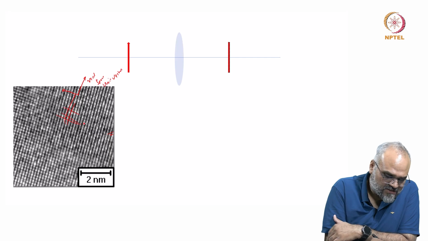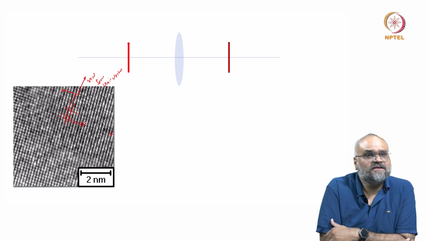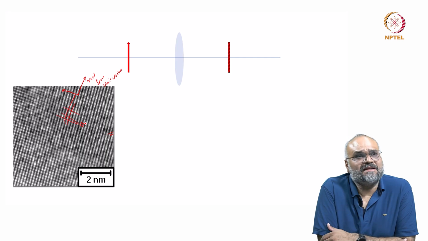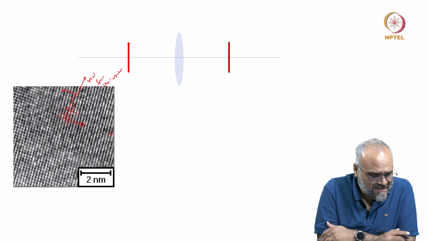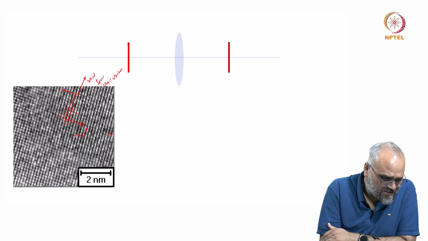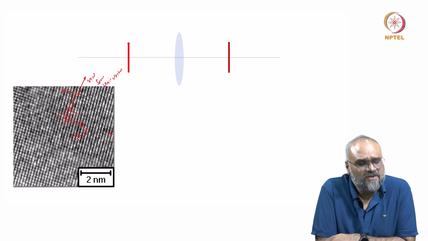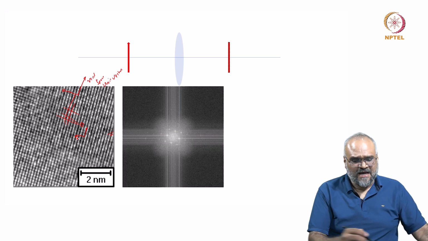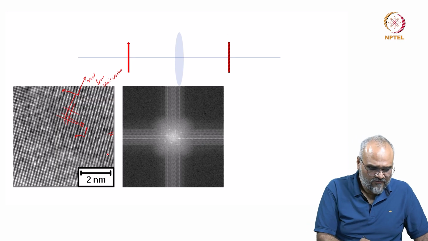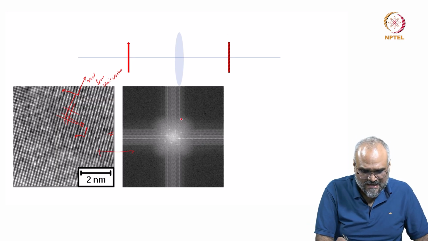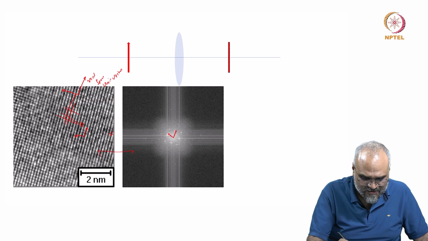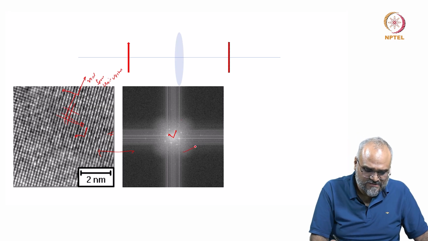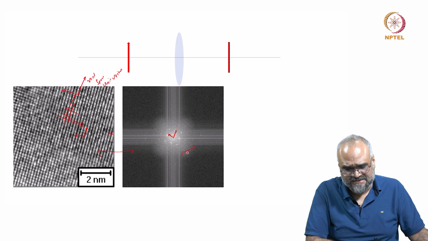In this case, because it appears like a projection from a cubic sample, both unit vectors are the same. But in reality, these are my actually measured unit cell vectors from a lattice fringe image. If I now take a Fourier transform of this image, the Fourier transform appears like this, and I have two sets of unit vectors which reproduce this entire reciprocal space.